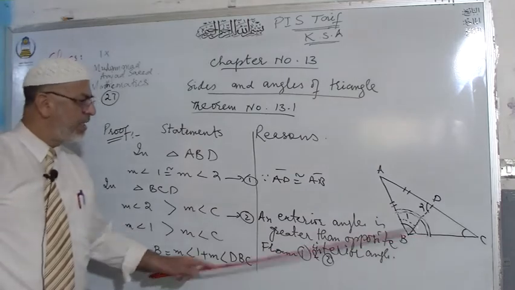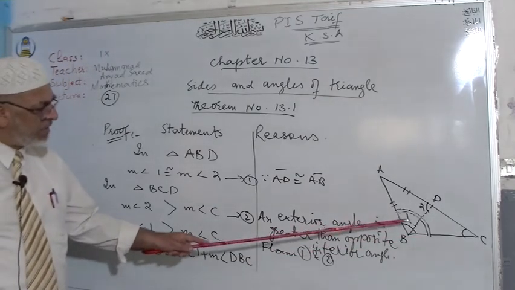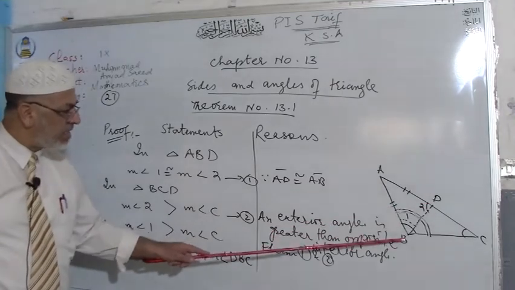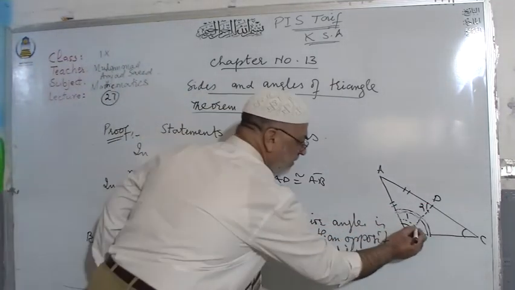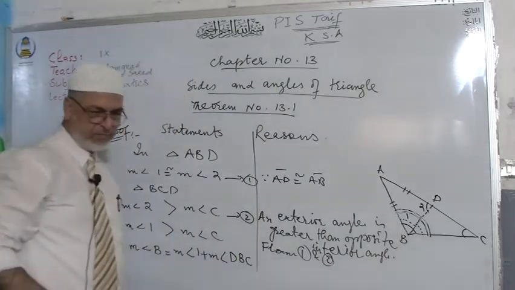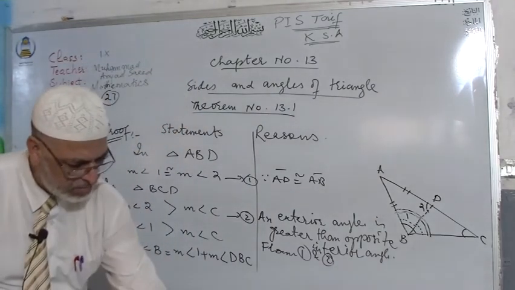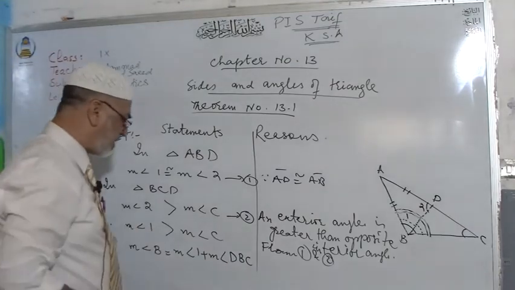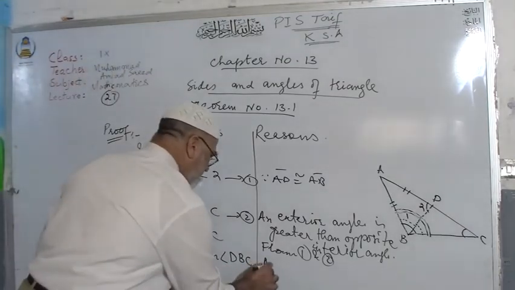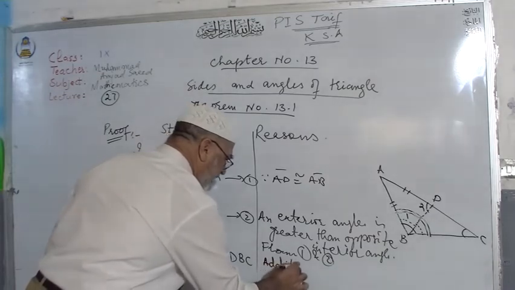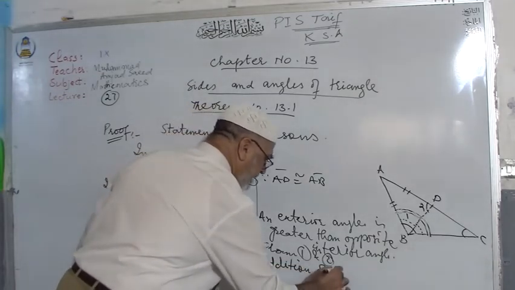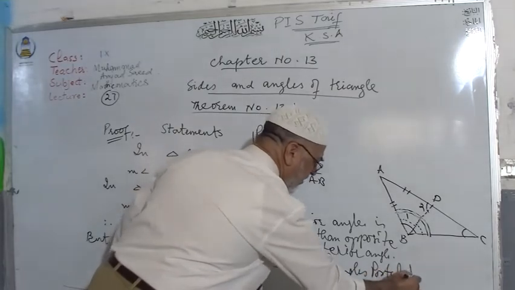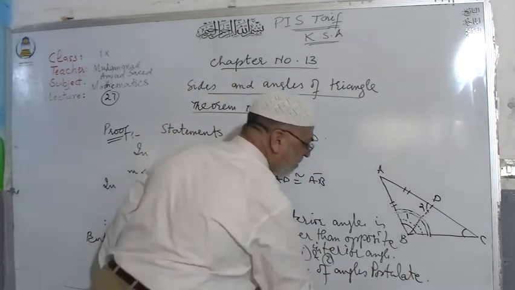Angle B is equal to angle 1, this portion only, plus angle DBC, this angle. So, you can see angle B is equal to angle 1 plus angle DBC. This is known as the addition of angles postulate.